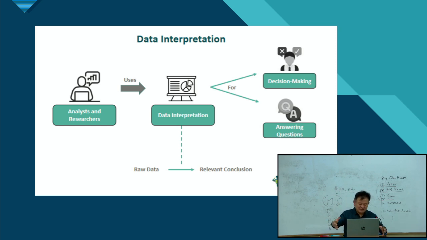So anyway, if we correct the data, and the data has some incomplete, irrelevant, or biased parts in there, how do we escape that? Analysts and researchers use data interpretation, and then raw data goes through manipulation, and then relevant conclusions.